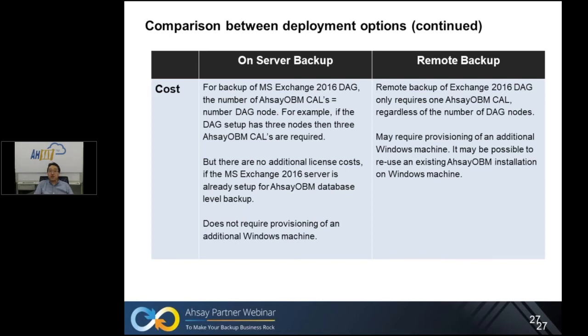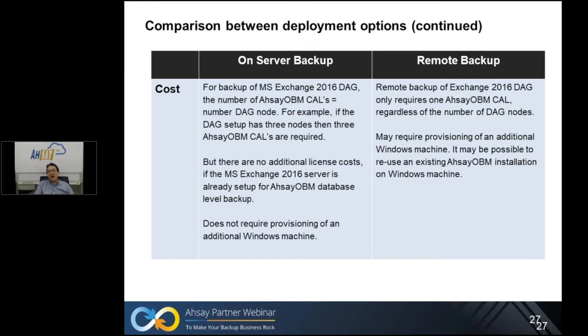But obviously there are no additional license costs if the Exchange 2016 server is already set up for OBM database level backup. And obviously another advantage of on-server backup is you do not need to provision an additional Windows machine.